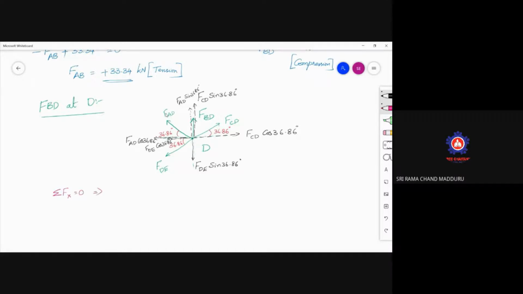That's it. Now sigma Fx equal to 0. Summation of the forces along x-axis: minus FAD cos 36.86 minus FDE cos 36.86 plus FCD cos 36.86. Is there any other force along x direction? 1, 2, 3.